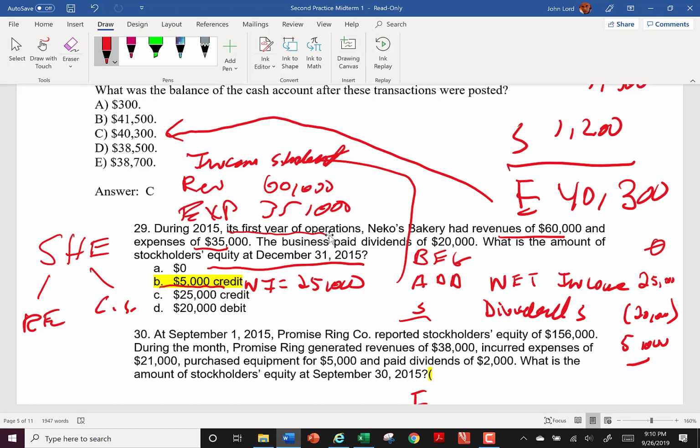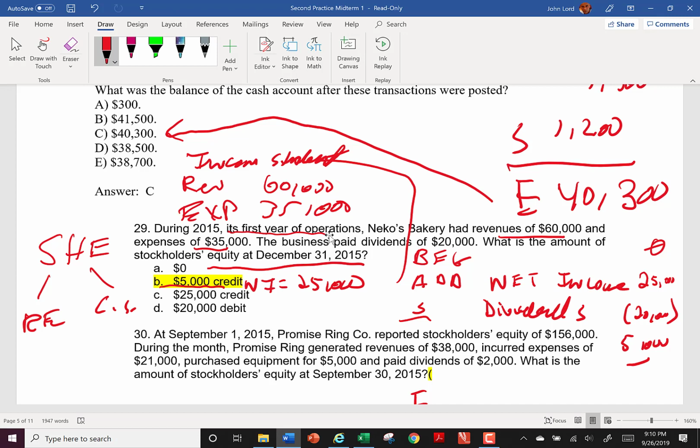When I debit income summary for 25,000, is this now 0? Is that now 0? Yes. It's 0, isn't it? I want to zero it out because I keep track of my income by year, don't I? Okay. And then I credit retained earnings. Let me tee up my retained earnings right here. I credit it for 25,000, right?